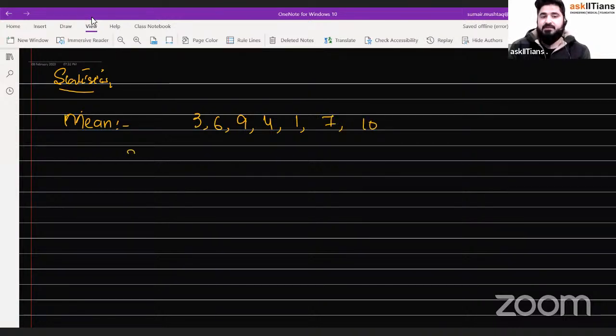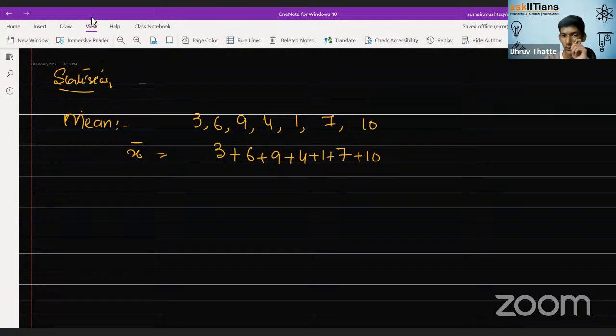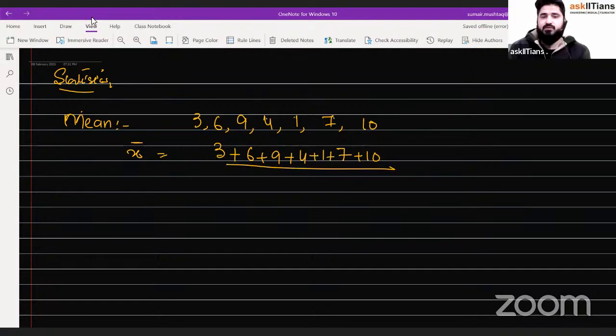The mean is the average, denoted by x bar, equal to 3 plus 6 plus 9 plus 4 plus 1 plus 7 plus 10, which is 40, divided by the total number of terms, 1, 2, 3, 4, 5, 6, 7. So this will be 40 over 7. Let me do one more thing: 48 divided by 8, that is 6.